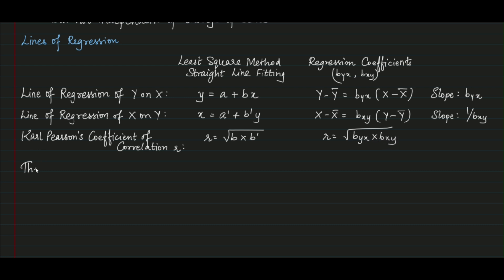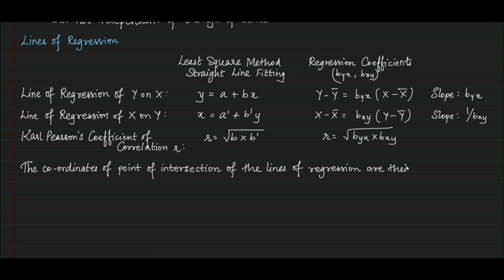Also, the coordinates of the point of intersection of the lines of regression are their respective means.